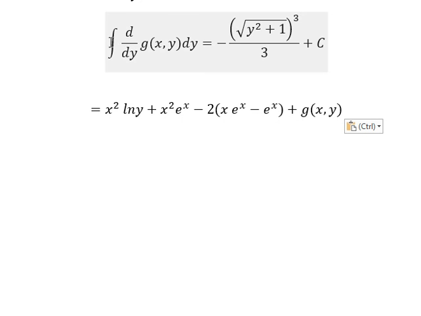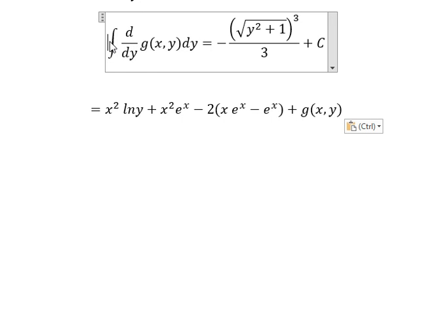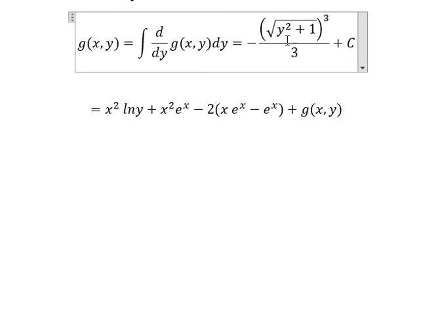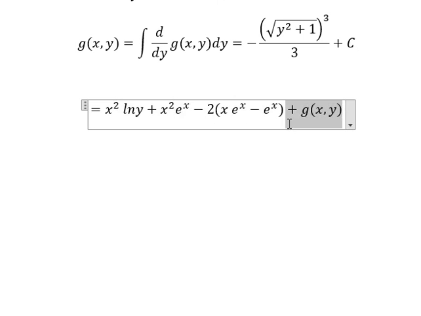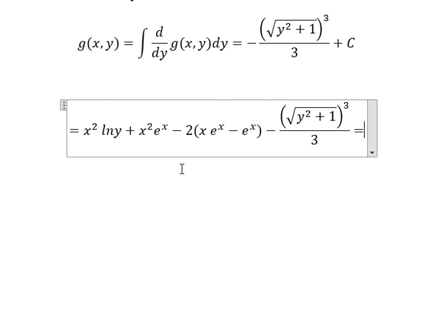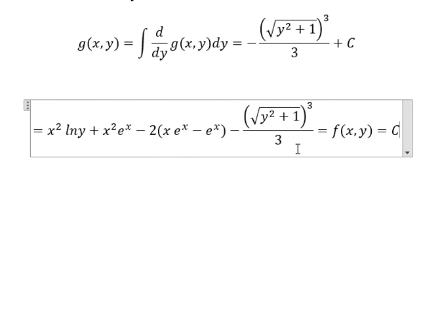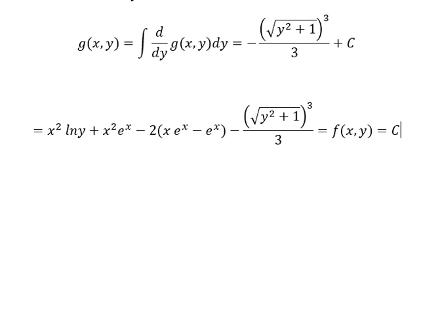So the integration of this one, we have 3sy. So 3sy equals to this one. And we know that this one equals to f of s, y. f of s, y equals to c. And now we can simplify like this.